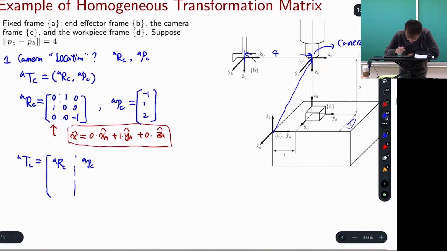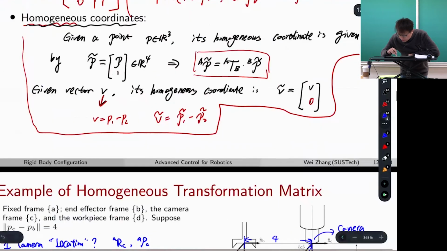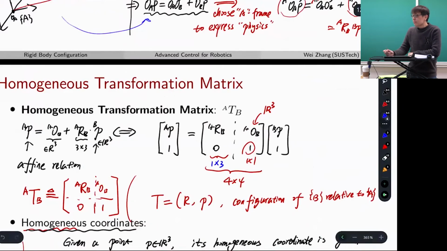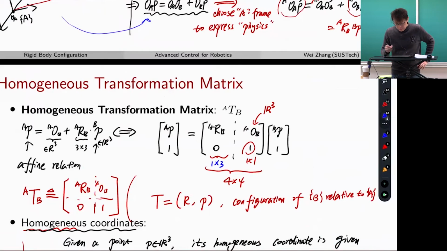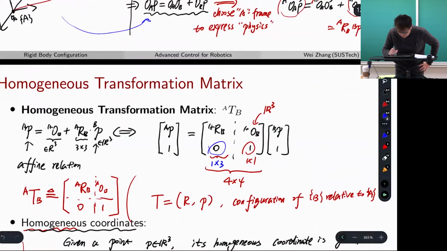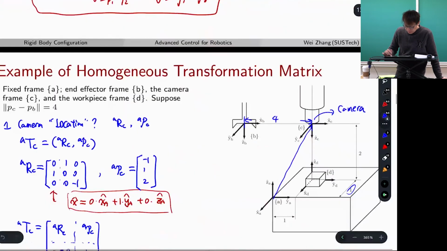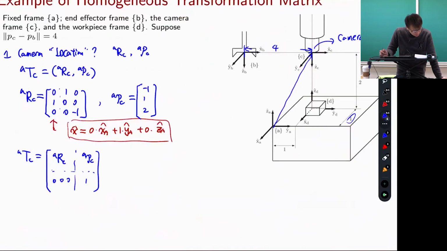If I write everything out, it's 4 by 4. RCA is 3 by 3, PCA is a column, and this bottom row is 1 by 3, then 1. All right.